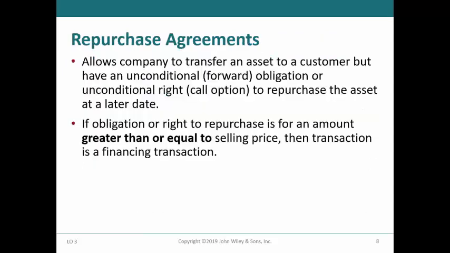Companies that have repurchase agreements with customers that allow a transfer of an asset to the customer with either an unconditional forward obligation or unconditional right call option to repurchase the asset at a later date may not record a sale if the obligation or right is for an amount that is greater than or equal to the selling price. If this is the case, then the transaction is a financing transaction rather than a sale.